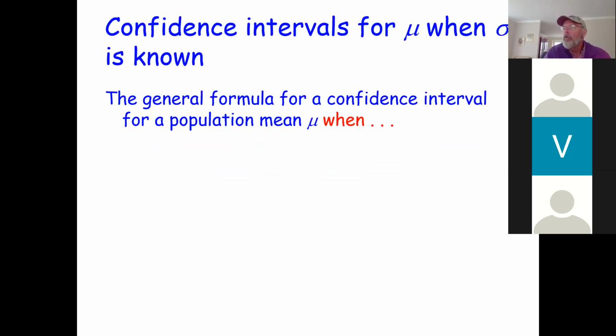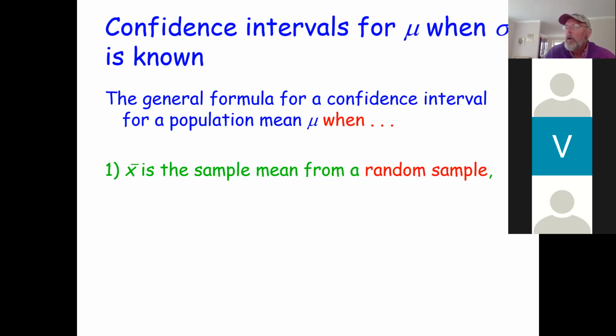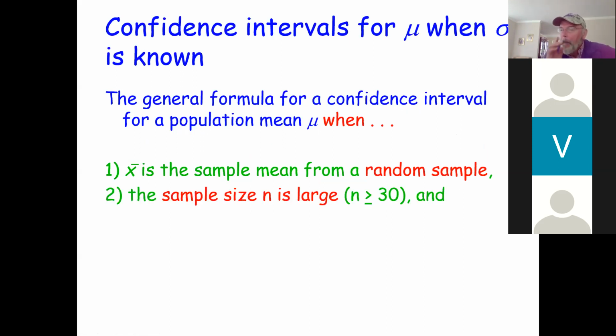All right, so let's go through the general formula here. X bar is the sample mean, okay, and that's going to be our estimate. X bar is going to be our estimate for our unknown population mean. So the sample has to be a random sample. The sample size of n is large.